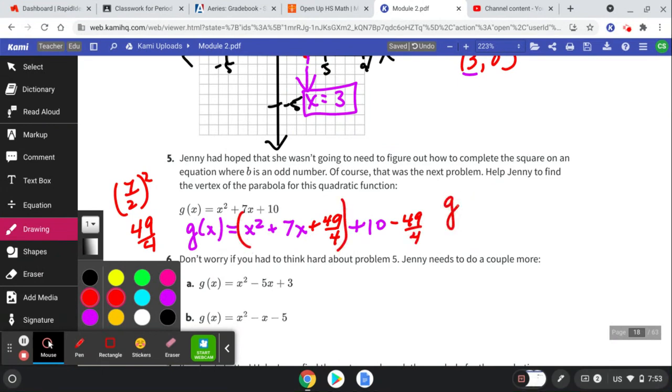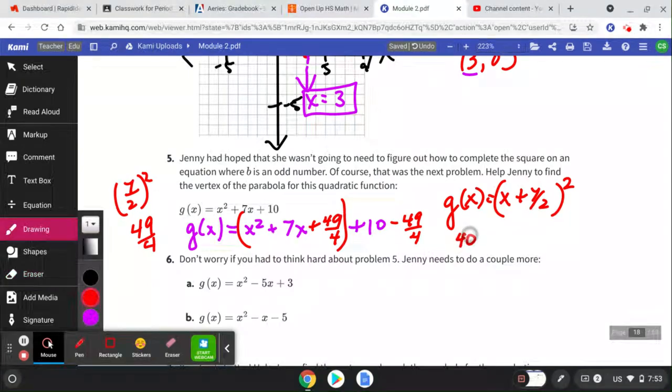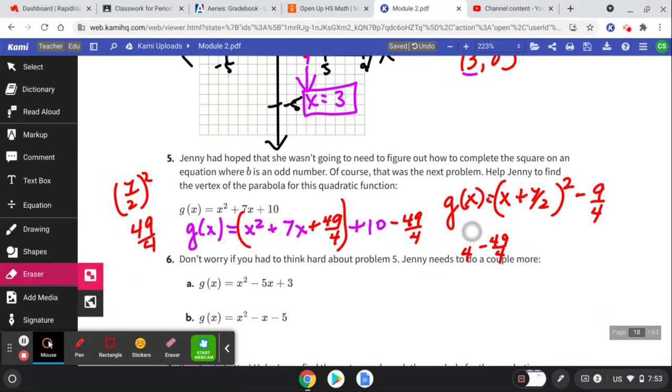This makes the (x plus 7 halves) squared perfect. And then I just need to simplify this at the back. 10 could be rewritten as 40 fourths. And so we get 40 fourths minus 49 fourths. So it simplifies down to negative 9 fourths at the back. How'd you do?